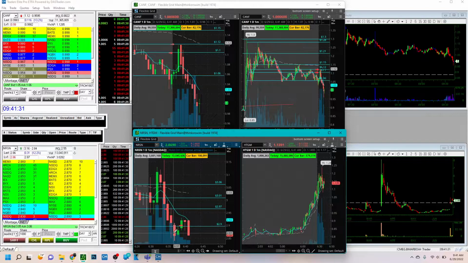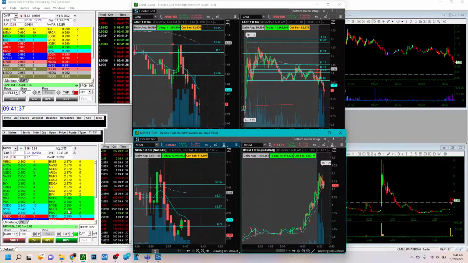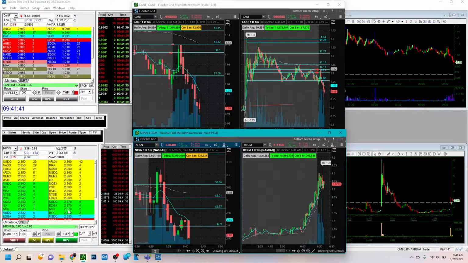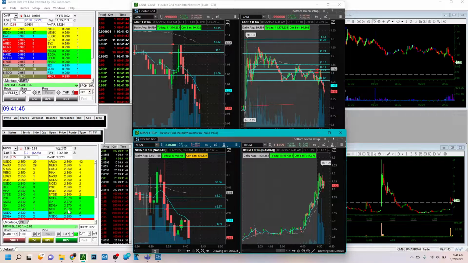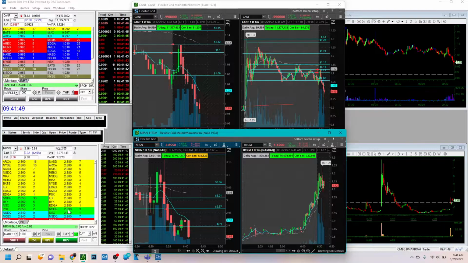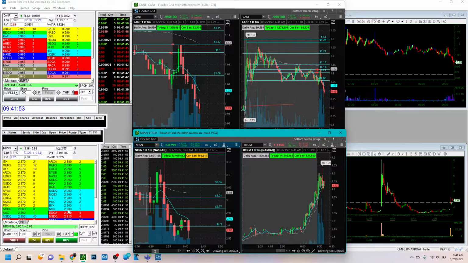You can see the long red candle dropping right now. We have 286 on the take. We're looking for like 284. May or may not get it. Looks like we're kind of getting 285.